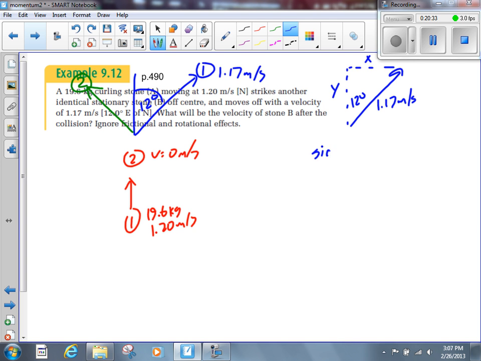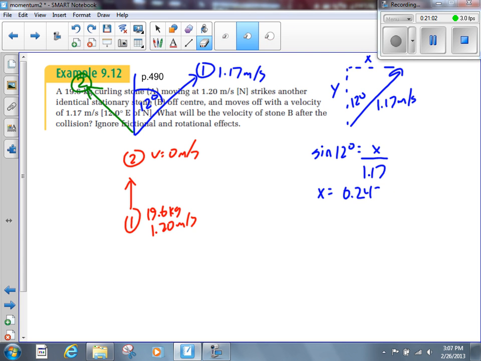Sine 12 degrees is equal to opposite, x, over hypotenuse, 1.17. So x equals 1.17 times sine 12 degrees. What is that? Make sure you're in degree mode. 0.243257.